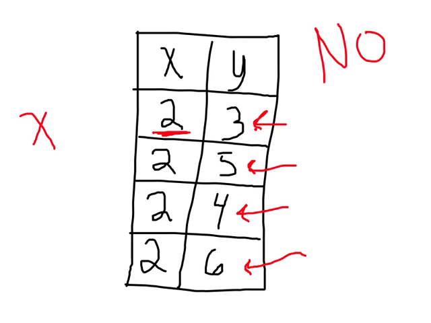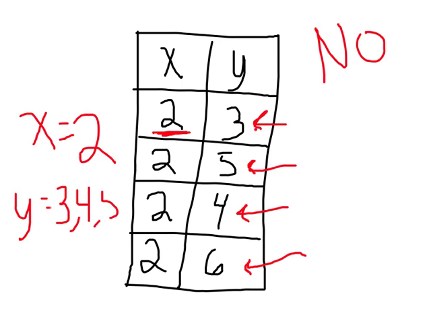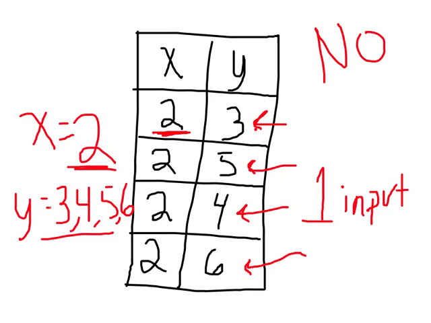So when x equals 2, y equals 3, 4, 5, and 6. So for your one input, how many outputs are there? You have one input with 4 outputs. So this is not a function.